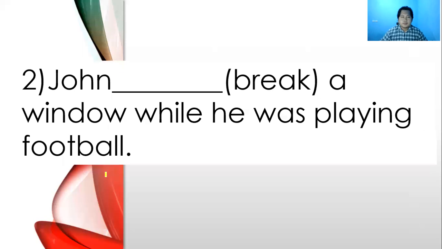Next, number two: John blank break a window while he was playing football. Again, John blank break a window while he was playing football. What is the past tense of the word break?